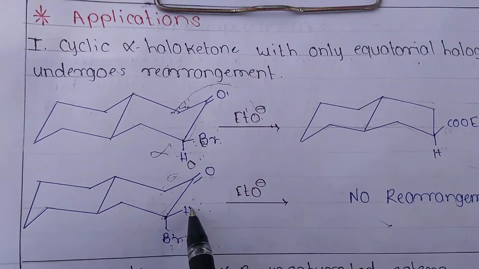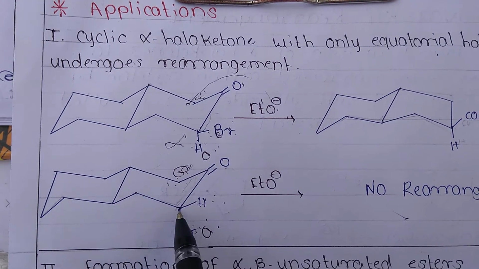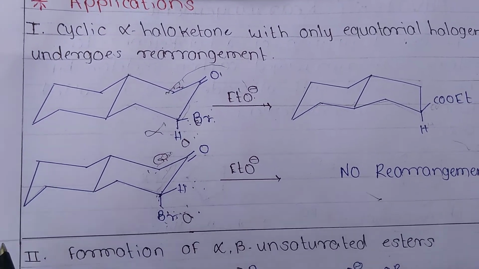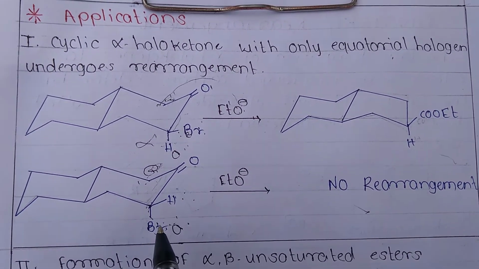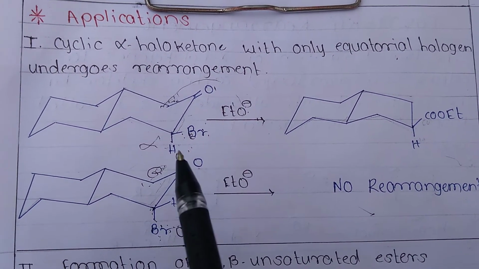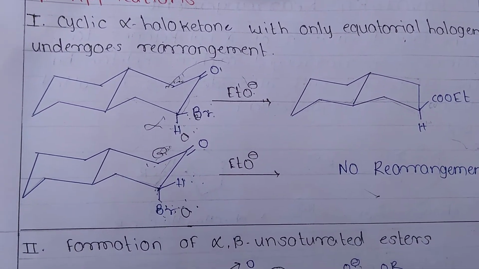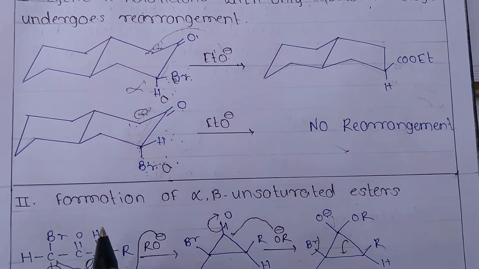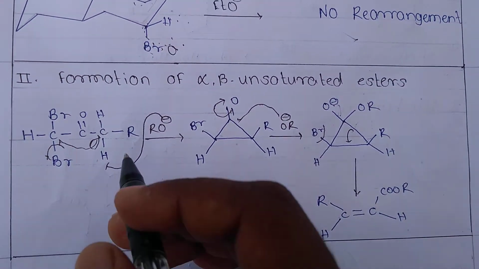That means backside attack is restricted for the carbanion. So the axial halogen does not undergo Favorsky rearrangement.